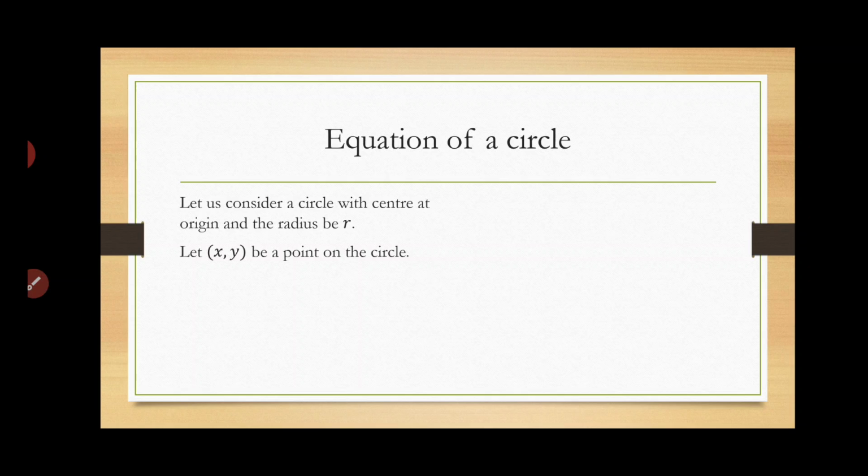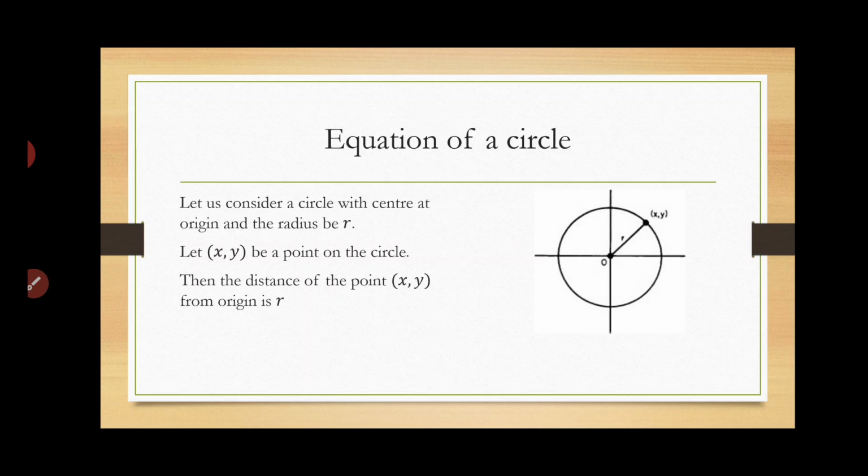I can take any arbitrary point as x comma y, and then the distance of the point x comma y from origin is r, because obviously r is the radius. If I take any point on the circle, from the center to that point the distance is always going to be r. So the situation looks something like this. I hope it is pretty familiar to you.